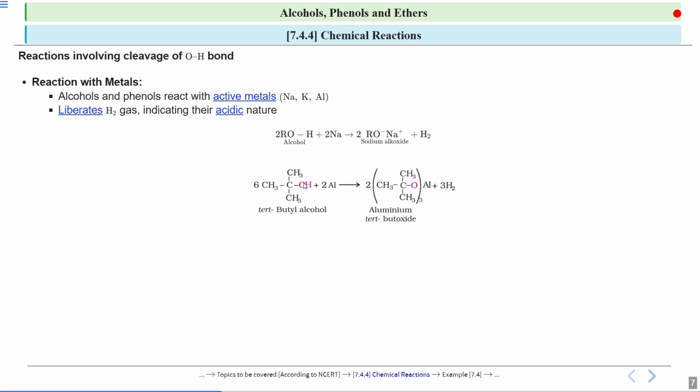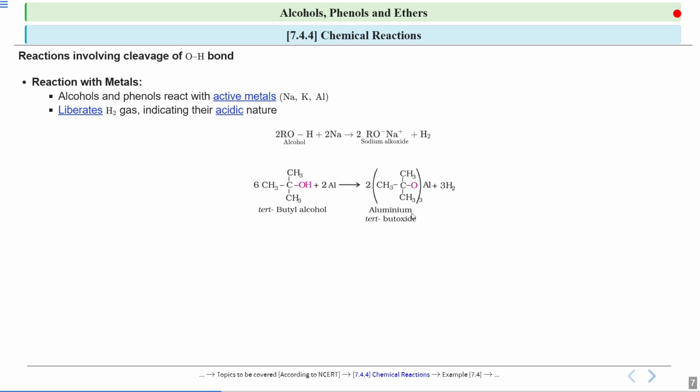Now see here, this is the OH bond. So again, when this alcohol reacts with a metal, you will see what will happen. Hydrogen gas is liberated and the Al gets attached to this compound. So when it is reacting with aluminium, the Al gets attached to this compound and hydrogen gas is released.